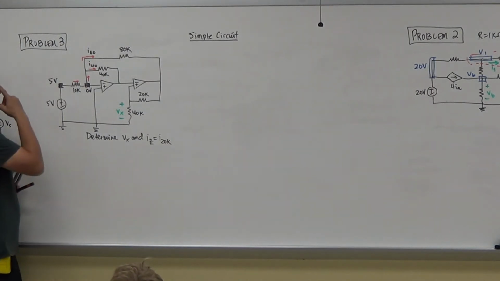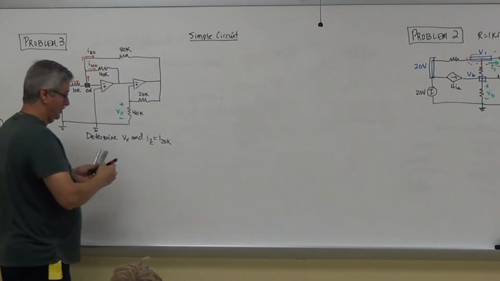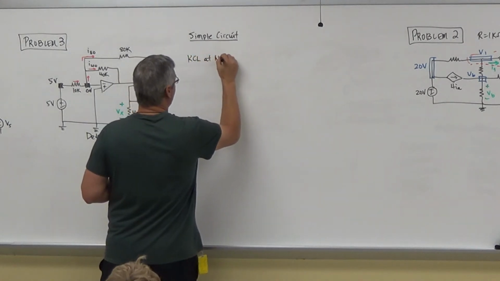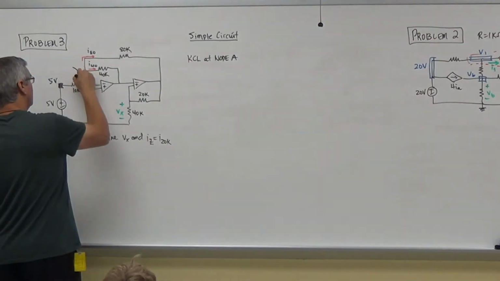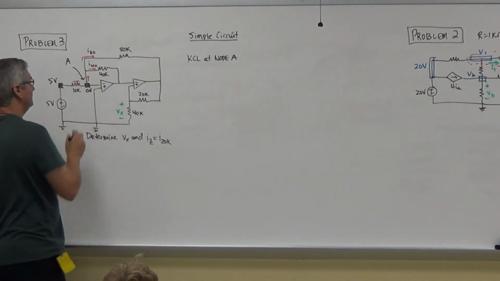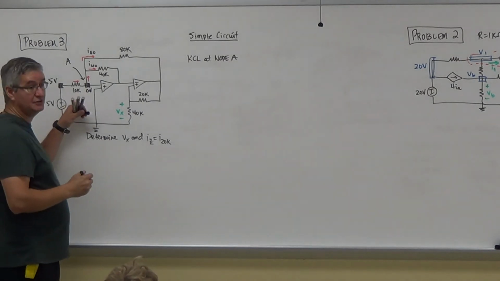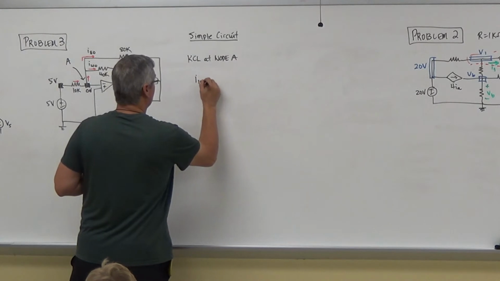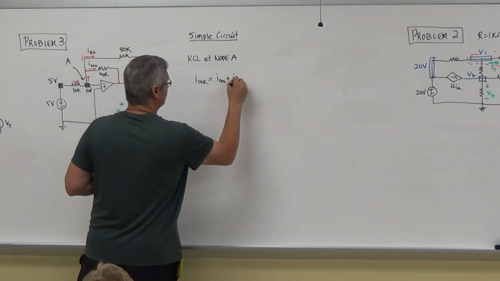That means this current has to equal these two currents right here. So then I'm going to apply KCL at node A. I'll call this node right here A, just to be clear. If I follow this guy here, I should have what? The current across the 10K must equal the current of the 40 plus the current of the 80.